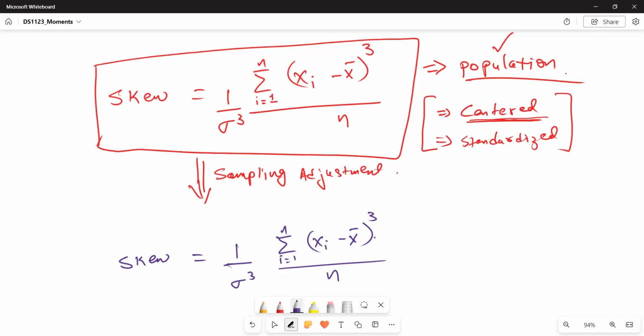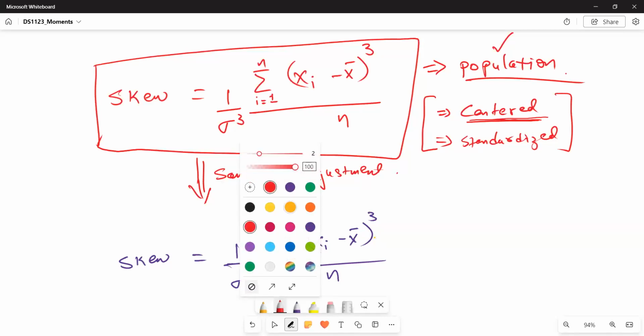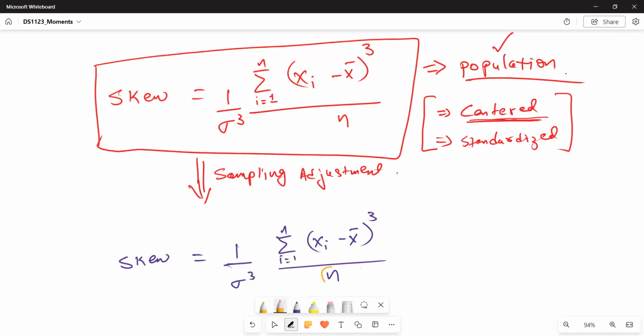And the sampling adjustment that will be added is that this n will be replaced with n divided by n minus 1 multiplied by n minus 2. You have to multiply this with this particular factor.